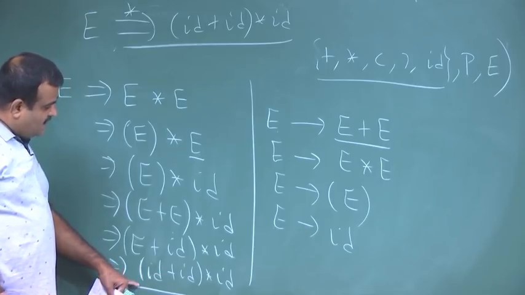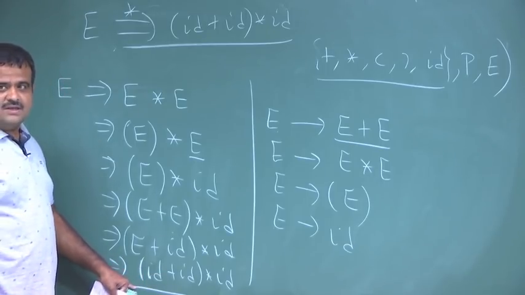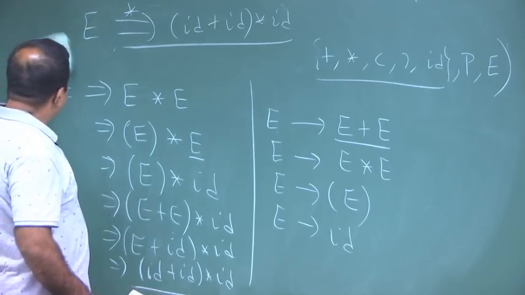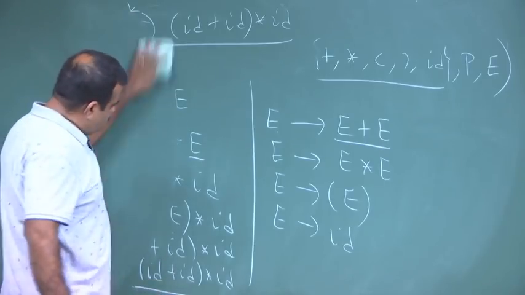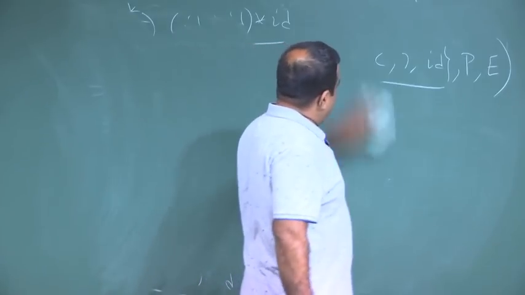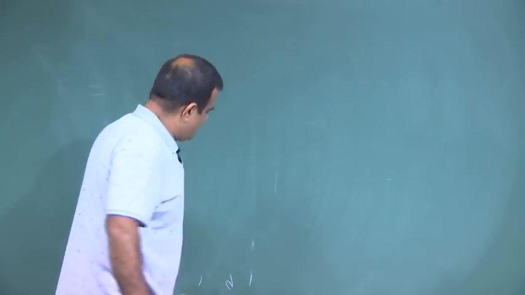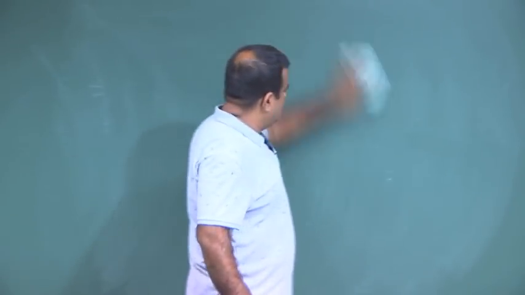So this is the final one. We want no variable, only terminals, and those strings of terminals that we collect will be the language accepted by this context free grammar. We will formally define that.